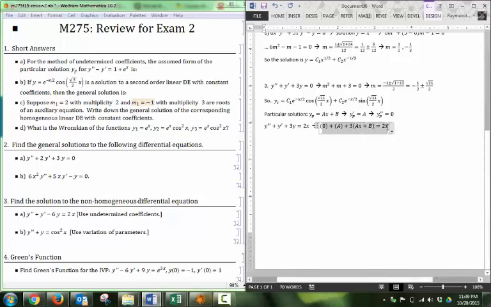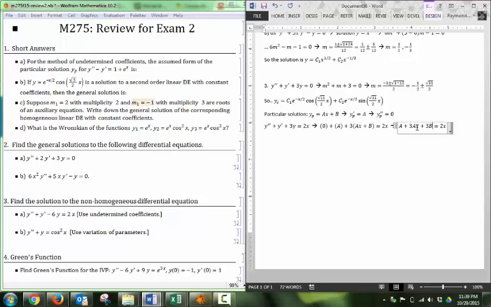Again, I'm going to pick this whole thing up and copy it. So I have a, and then this is going to be 3ax and 3b.